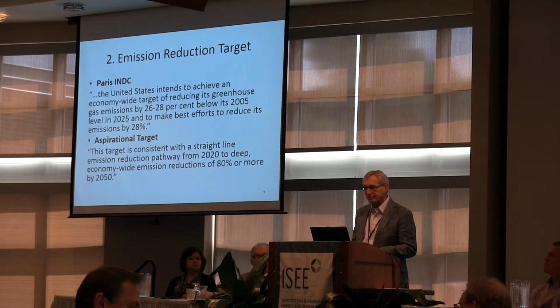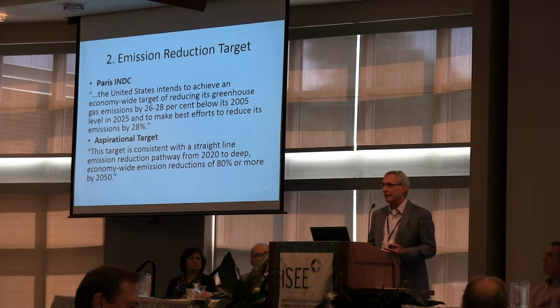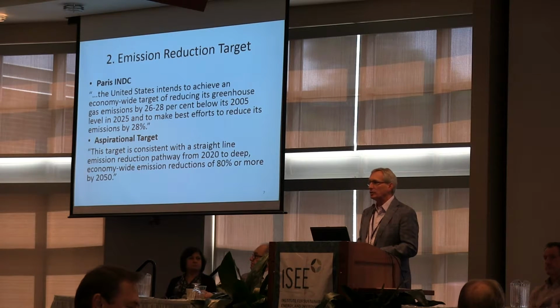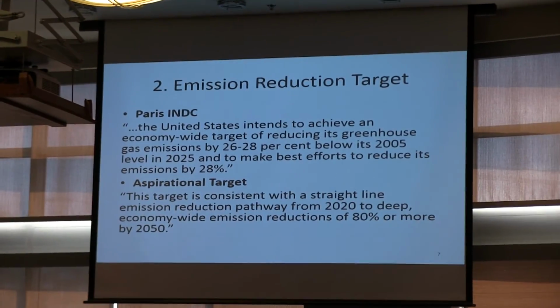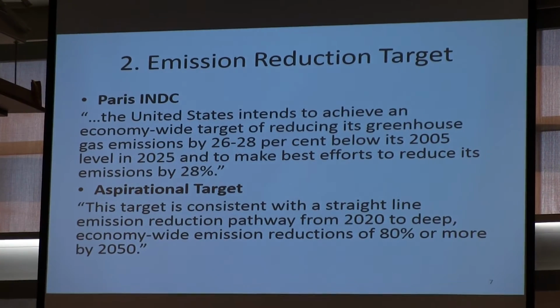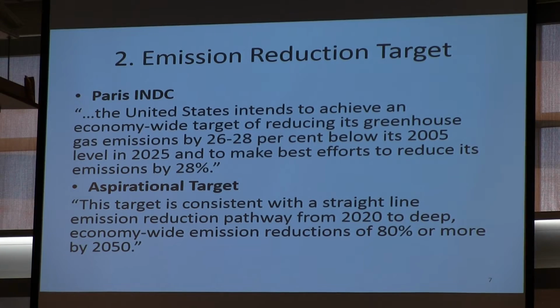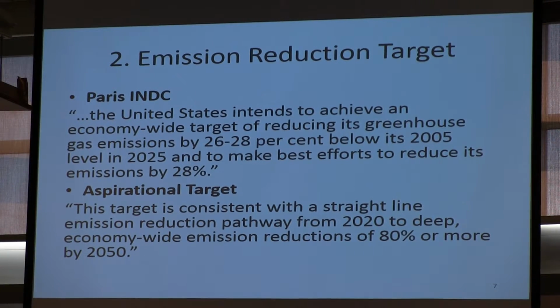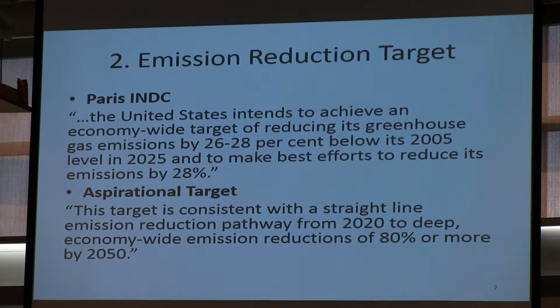So a second approach you could take to setting the tax rate would be, well, let's have an emission reduction target and then set the price to make sure we get to those targeted reductions. So there might be 2 potential targets. One is the INDC, the Nationally Determined Contribution, from the Paris Agreement last year, where the U.S. committed to a 26 to 28% reduction below 2005 by 2025, with best efforts to get to 28%, to get to the high end.